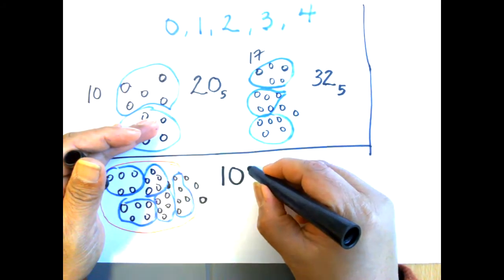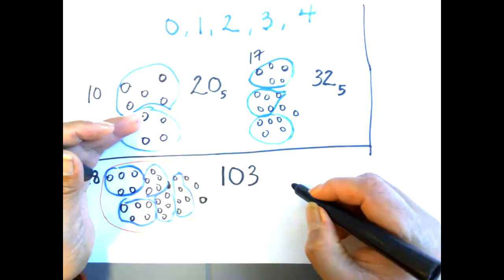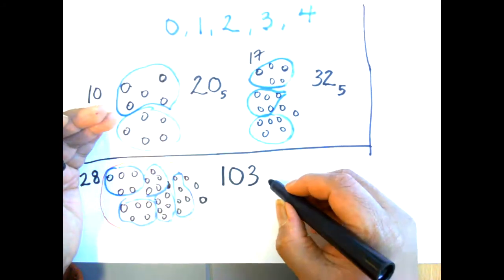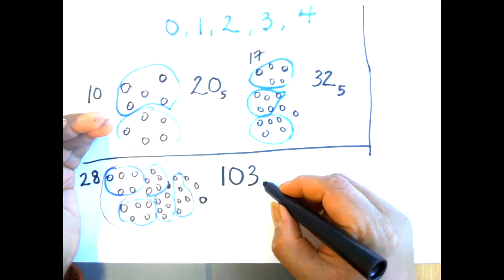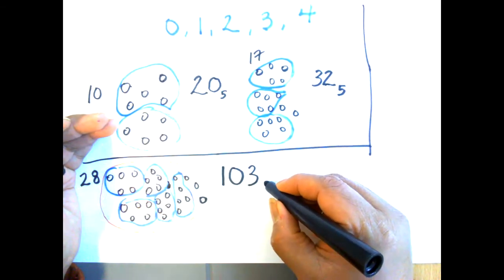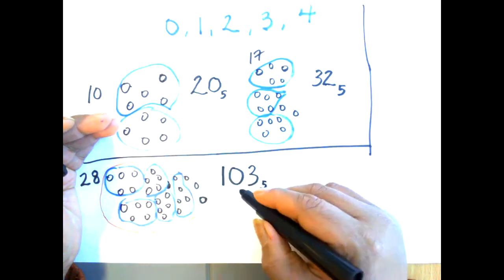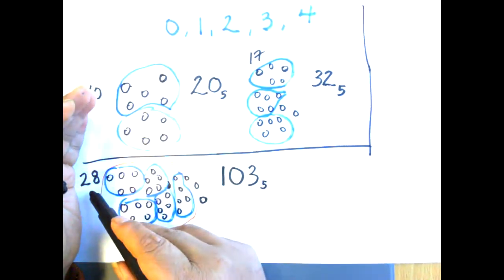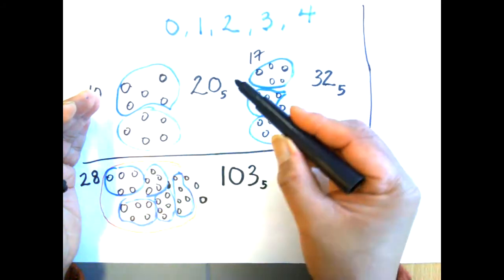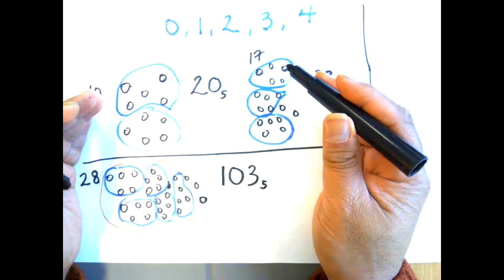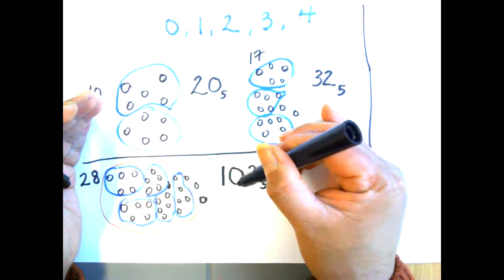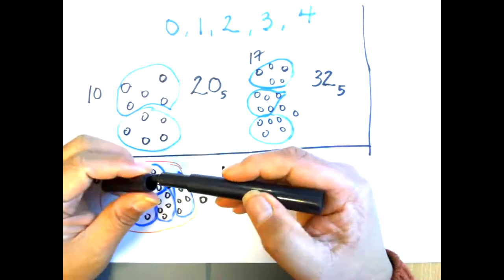It's 3. And so in base 5 system, we call this 1, 0, 3. So in our normal counting system, we call this 28, but in a base 5 counting system, we call this 1, 0, 3 in base 5.